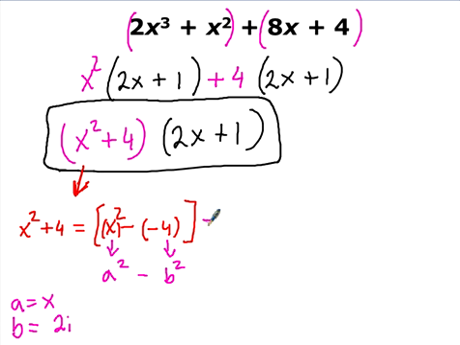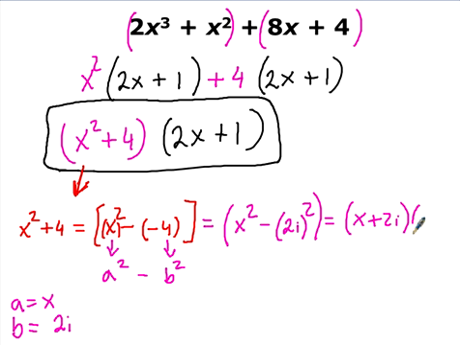So basically I would have to rewrite this as x squared minus 2i squared, and only then could I factor that out as x plus 2i times x minus 2i.